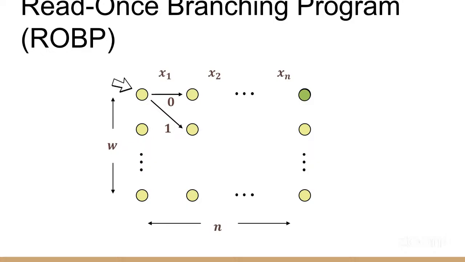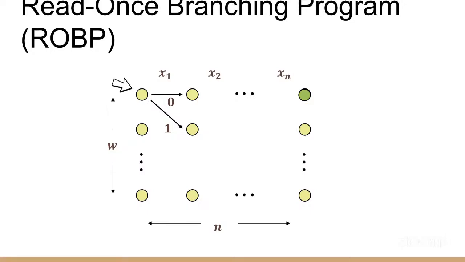So this is an oblivious read-once branching program, and the input bits x1, x2, up to xn are fixed. If the input bit is 1, I make this edge transition. If that input is 0, I make this transition. There is no probability associated. It's a deterministic computation that I can do on every n-bit input stream.